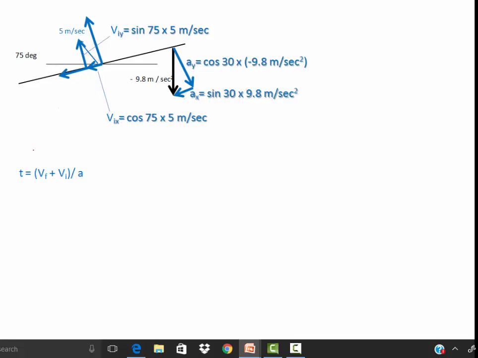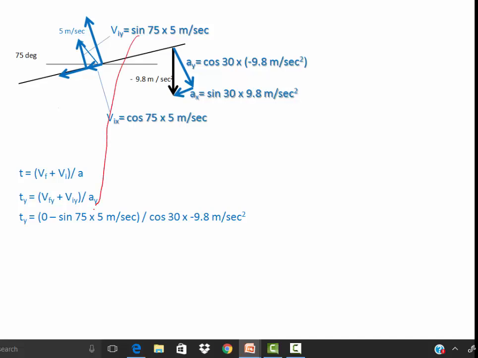So we have our time formula, and again, at the top of the arc, the final velocity goes to 0.